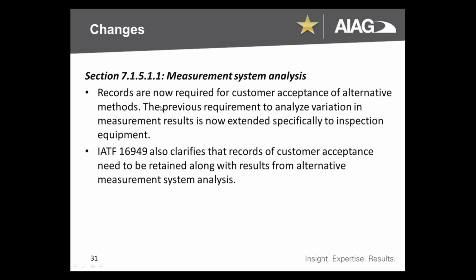So let's take a look at this in the standard in 7.1.5.1.1. So if you're going to do any type of MSA that is outside of the ordinary, an alternative method, you have to maintain record of customer acceptance.